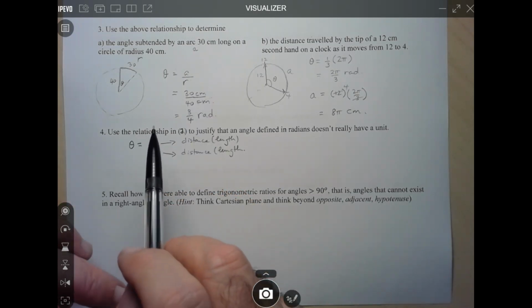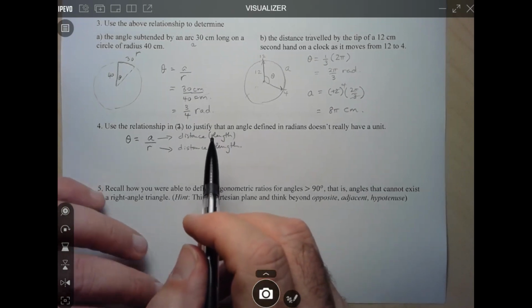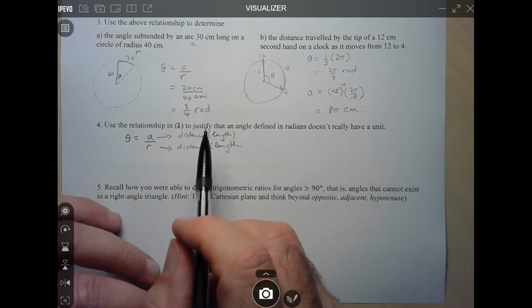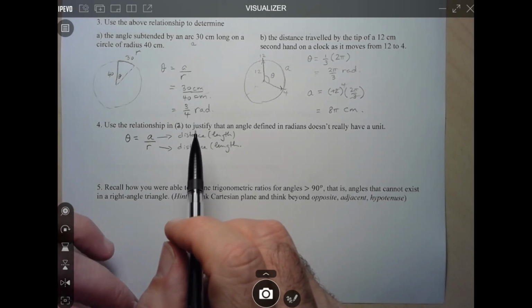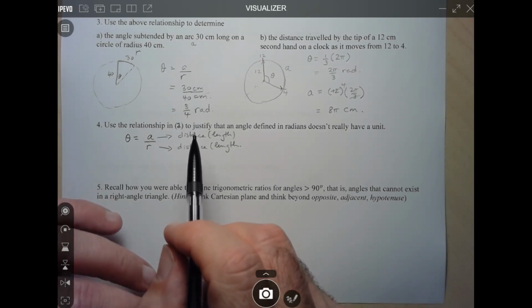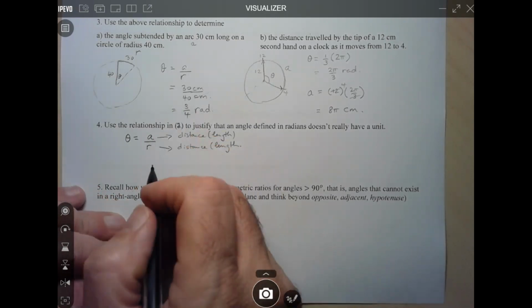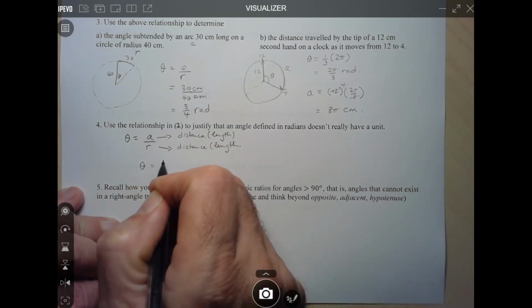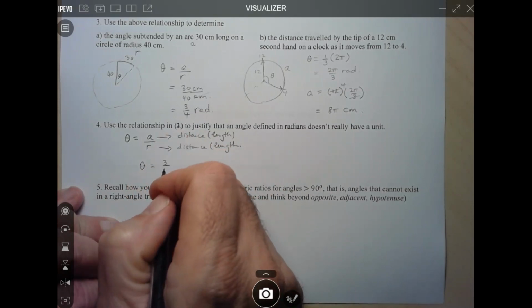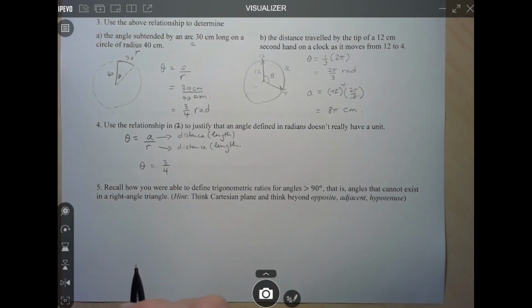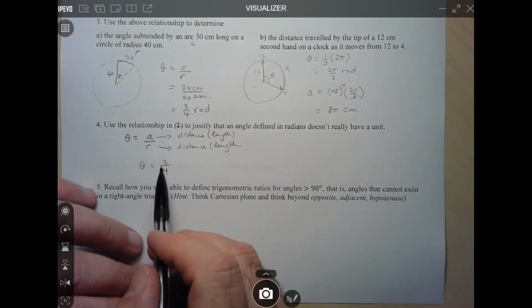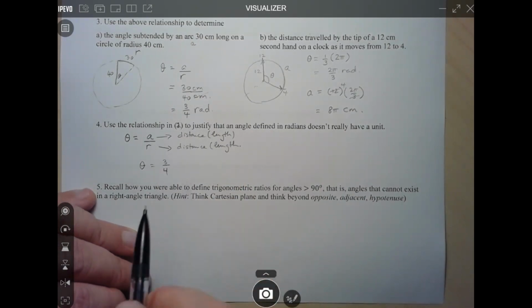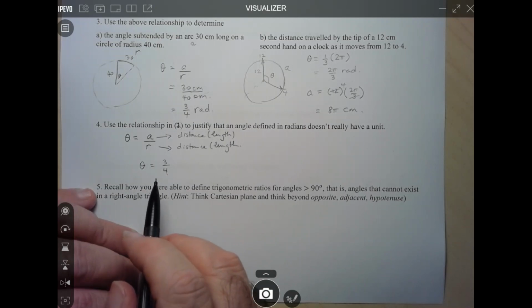Okay, so very often, the idea of a radian is that it's a measure without an actual unit. That's why I could have written that answer as just 3 over 4. As long as this is representing an angle, if you don't see a unit, the assumption is that it is representing radians.